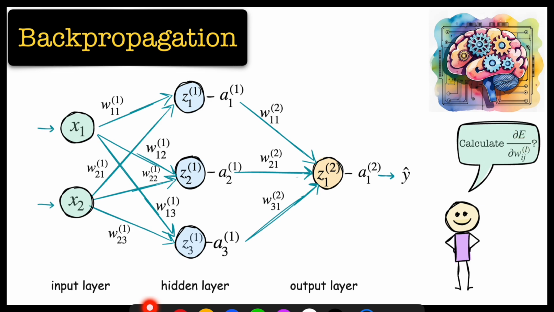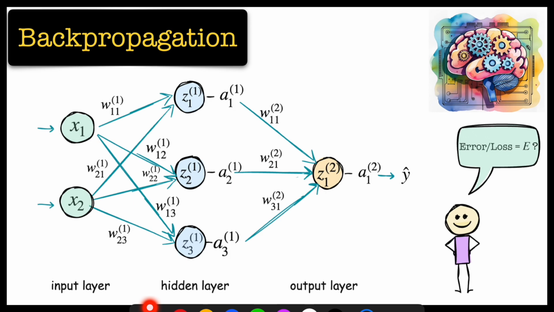We calculate y hat, the predicted output, and we also have y, the actual output. Comparing the predicted output and the actual output, we get the error. Then we have to calculate del E del WIJL for all the weights here.